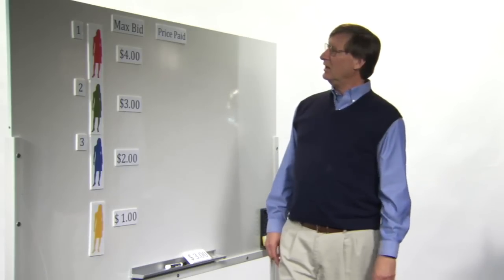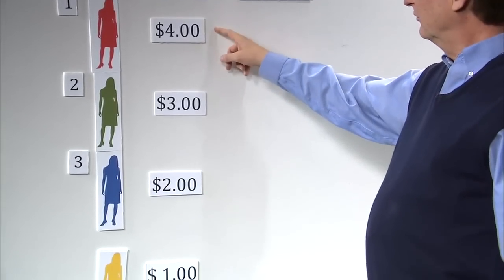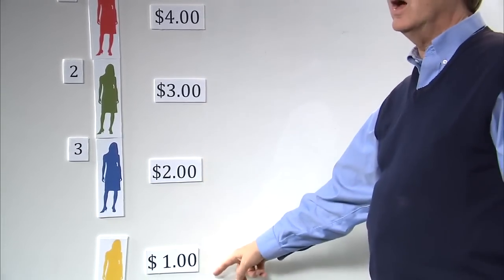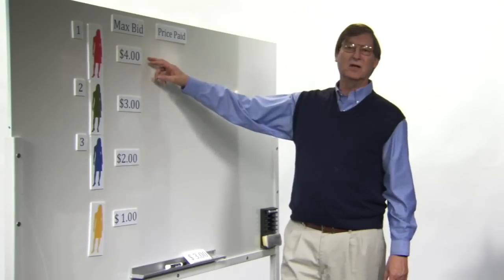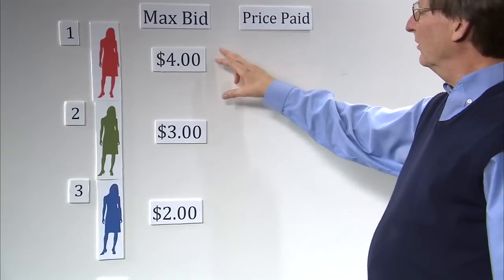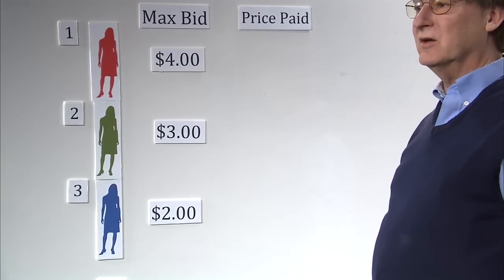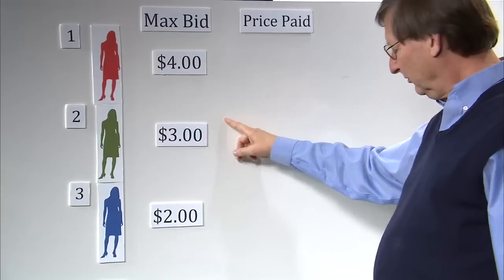In this particular case, we have our 4 advertisers with different bids: 4, 3, 2, and 1. And the ads are ordered in terms of those bids. Highest bidder gets the first position, second highest bidder the second position, and so on. They don't have to pay their bid when they receive a click. They only have to pay the bid of the advertiser below them.